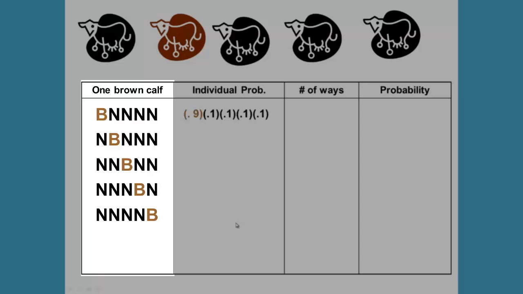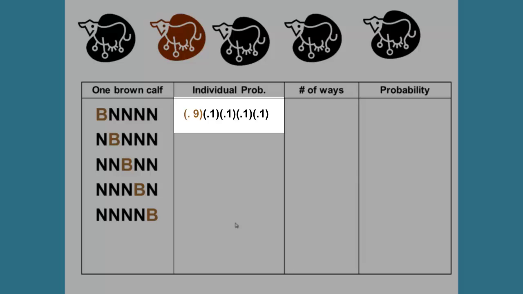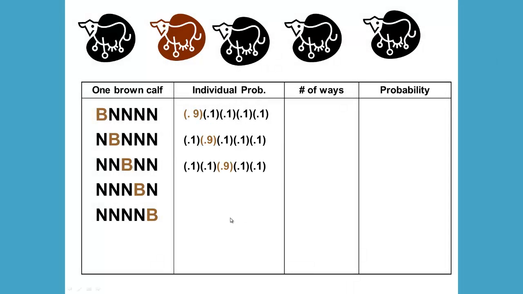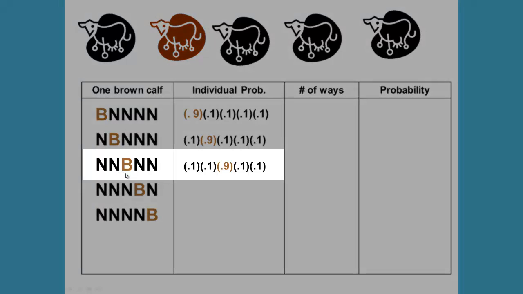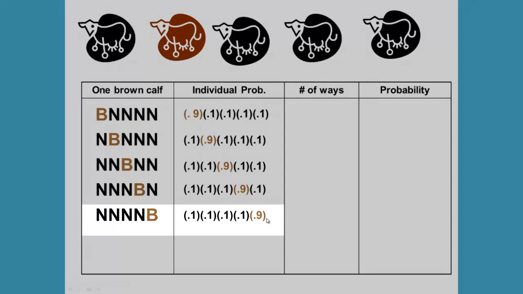And the individual probabilities could be 0.9 times 0.1 times 0.1 times 0.1 times 0.1, 0.1 times 0.9 times 0.1 times 0.1 times 0.1, and you can see how that matches up to the letters. If the third cow is the brown one, then the 0.9 goes in the third spot. If the fourth cow is the brown one, then the 0.9 goes in the fourth spot. If the fifth cow is the brown one, then the 0.9 goes in the fifth spot.